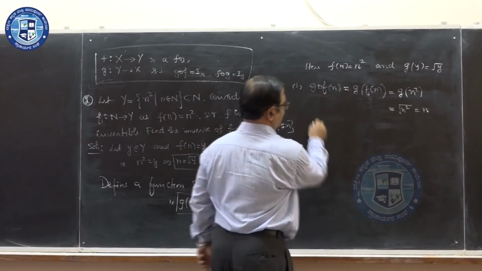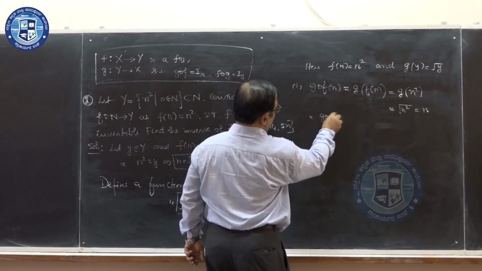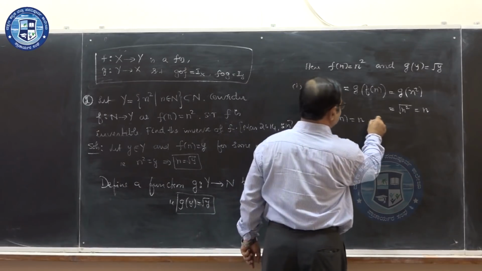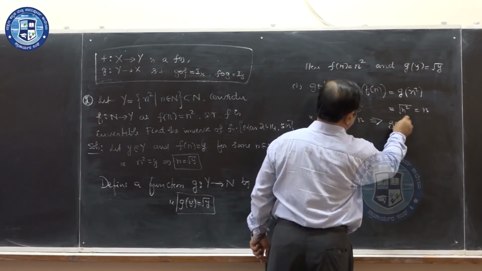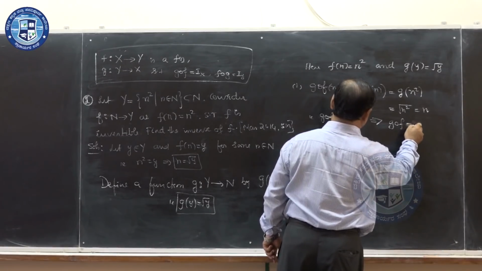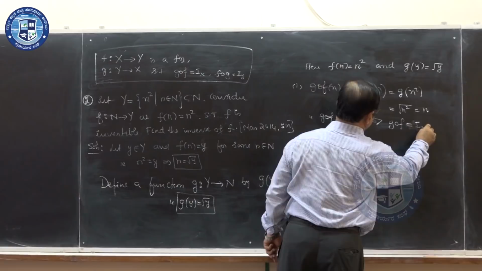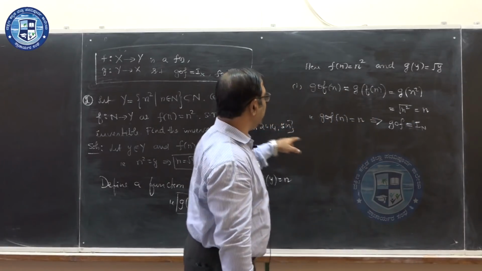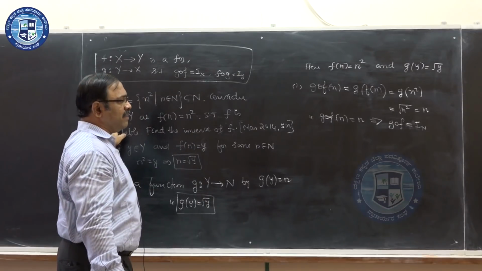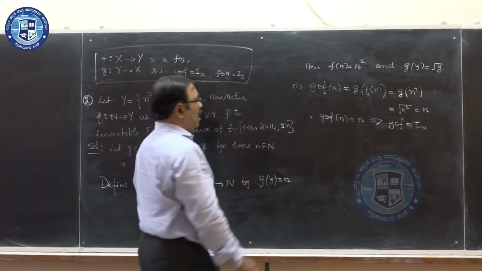So g composite f of n equals n, which implies g composite f is I_N, the identity element in N.